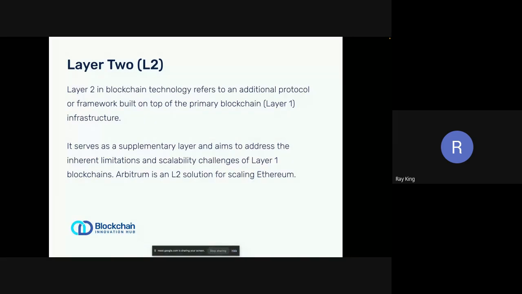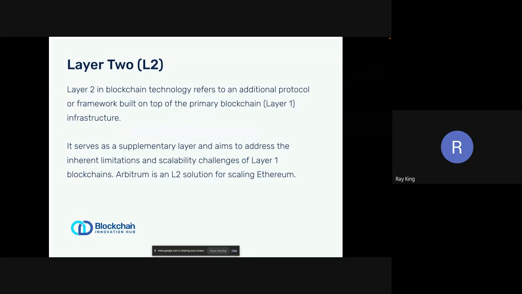When I mention primary blockchain, I'm referring to layer one, right? Layer two are additional protocols or frameworks built on top of layer one, and they serve as a supplementary layer that aims to address the inherent limitations and scalability challenges of layer one blockchain.